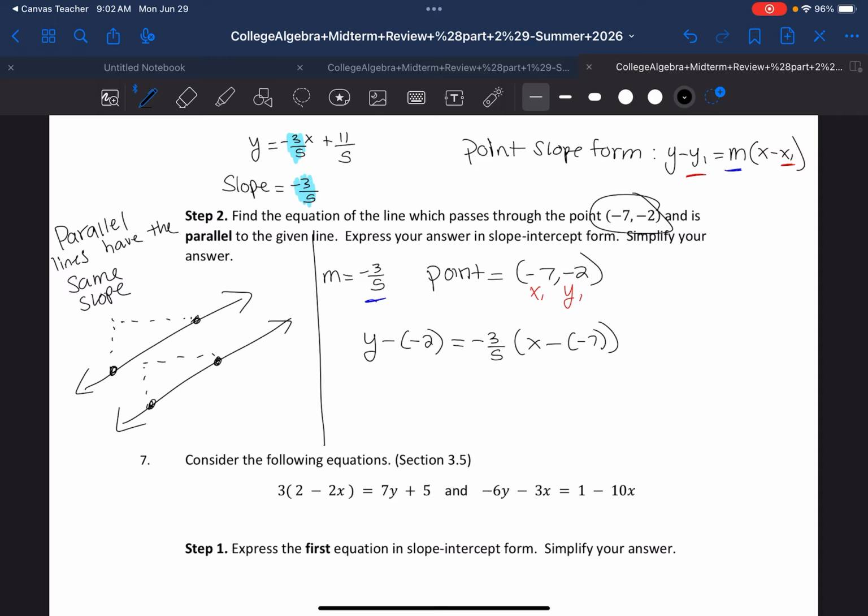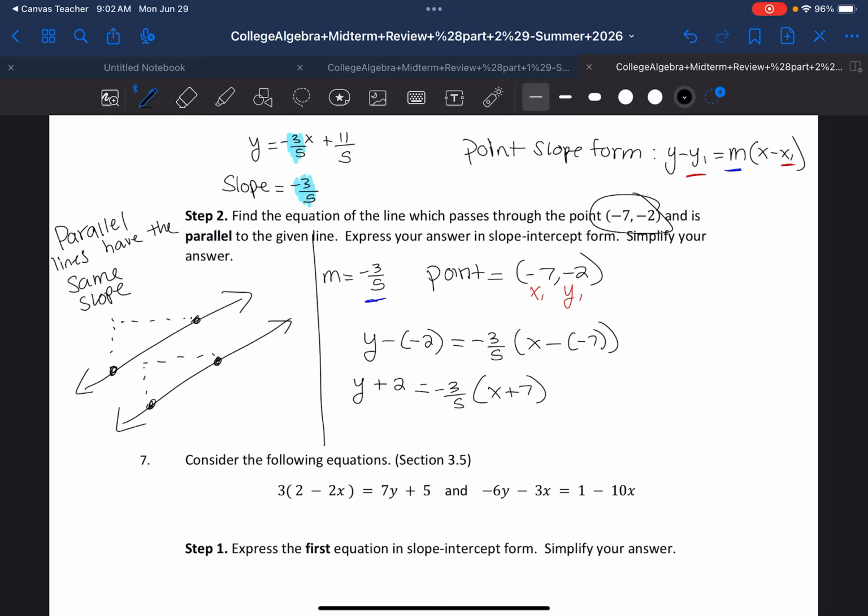So that's just me plugging that information into that point slope form. And now I will clean up these double negatives, which changes them to positive. So that will give me y plus 2 equals -3/5 times x plus 7.